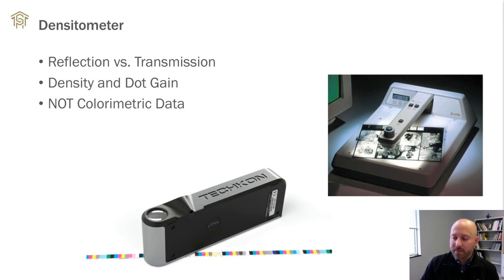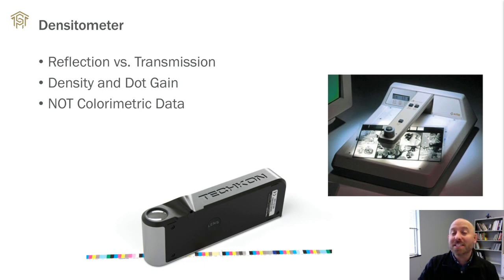If I'm printing a Pantone color one day and I do a little density measurement on it, it won't tell me anything about the color, but if I run that same job next week, I can then measure a solid ink density patch on our print, and that'll give me an indication of whether or not the same amount of ink is being printed.